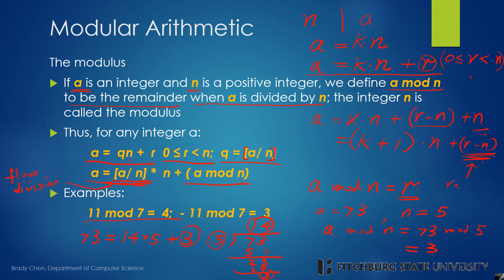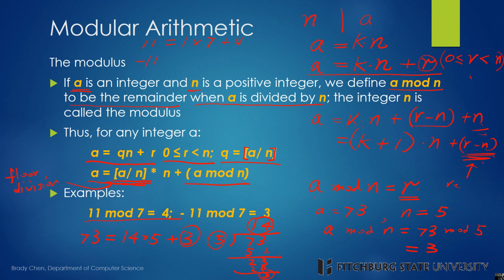Minus 11 mod 7 is 3. Why is that? Now 11 can be written as 1 times 7 plus 4, right?